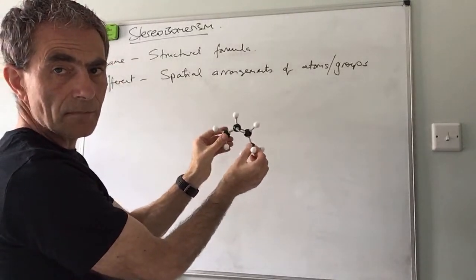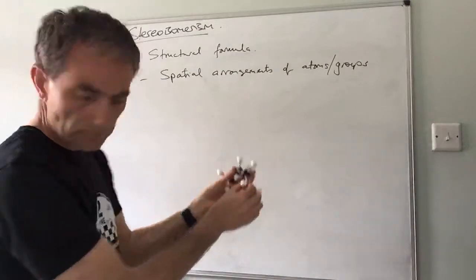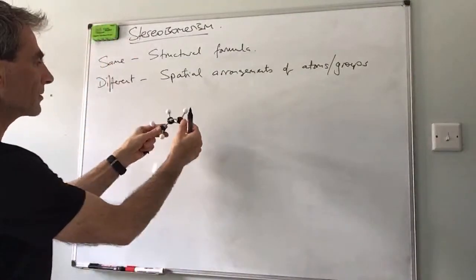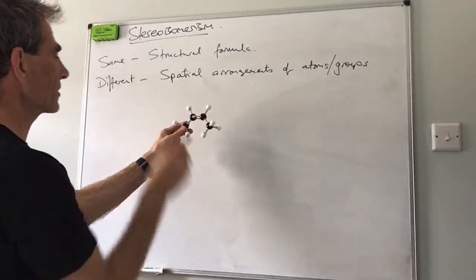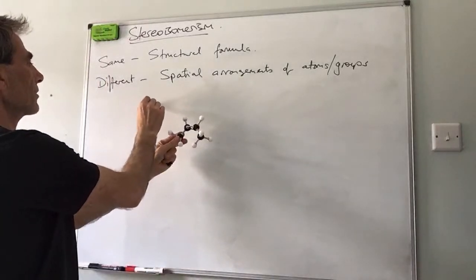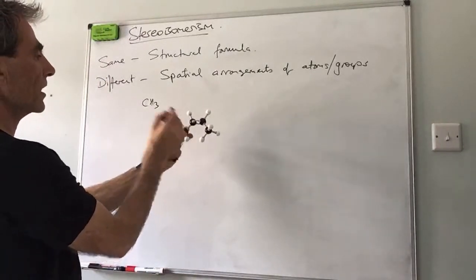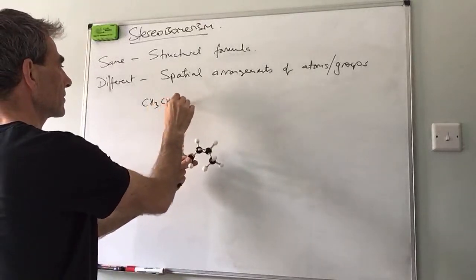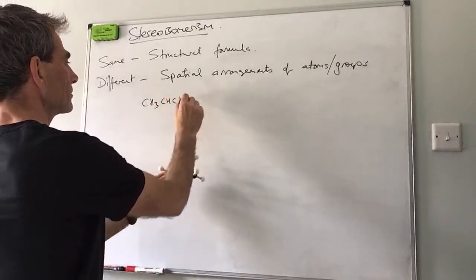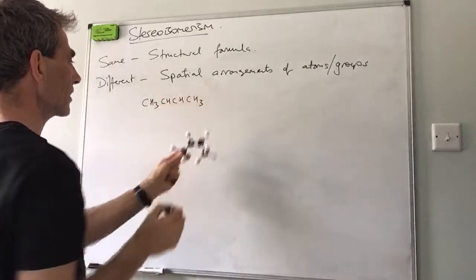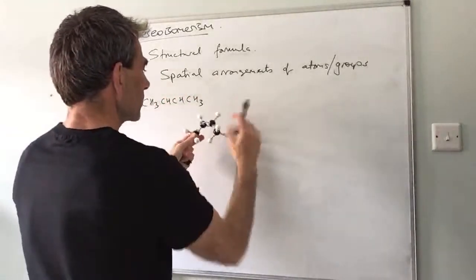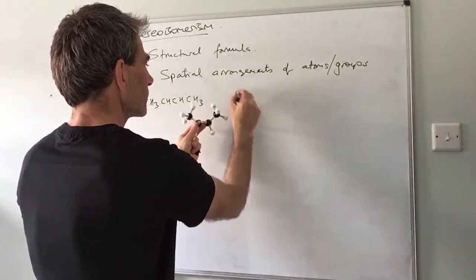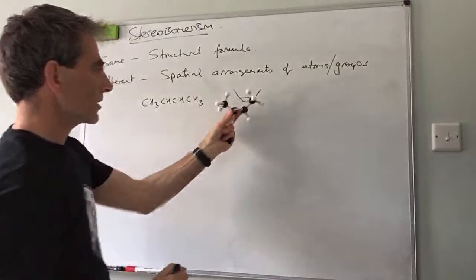That's what makes them different. So while I've got this in my hand, the structural formula of this is CH3, CH, CH3. I'll draw it that way because one of my students came up with a nice way to remember this. So that's that.